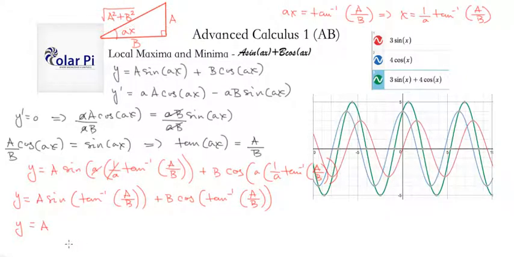So that is capital A divided by root capital A squared plus B squared, right? And then plus capital B times cosine of AX. Cosine of AX is adjacent over hypotenuse. So that's capital B divided by root A squared plus B squared.